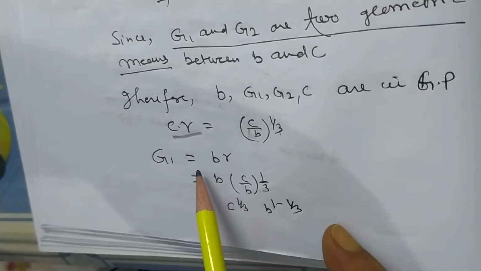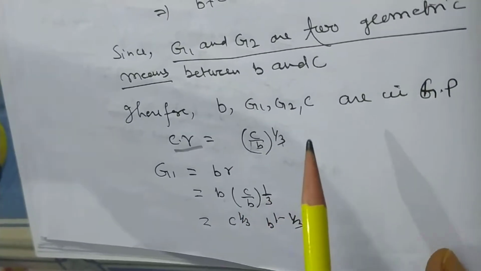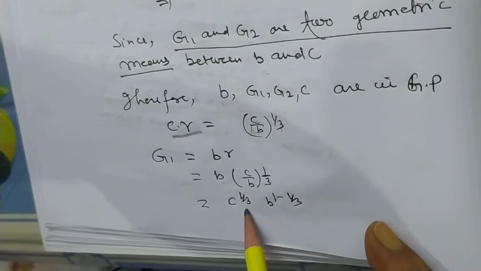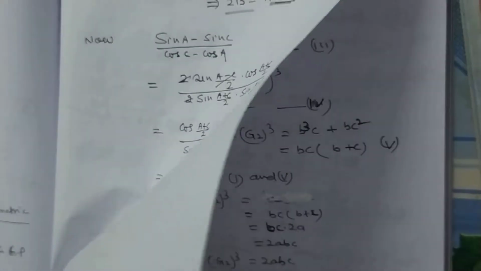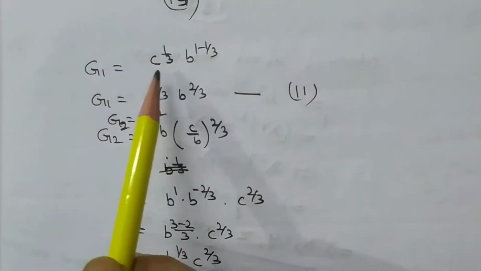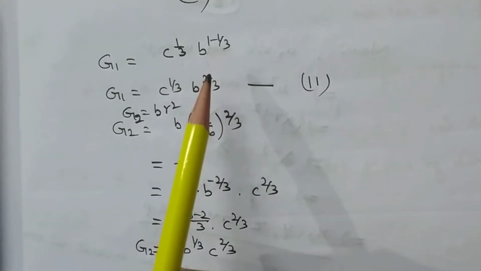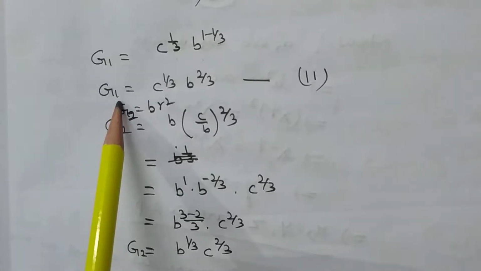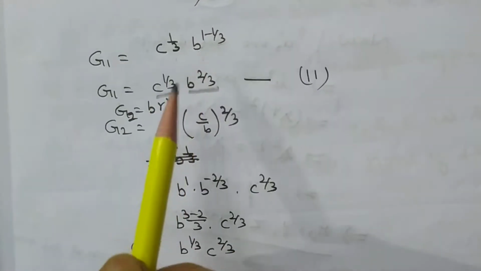Now G1 is equal to Br. That is B times (C by B) whole to the power 1 by 3, that is C to the power 1 by 3 into B to the power 1 minus 1 by 3. So G1 can be written as C to the power 1 by 3, B to the power 2 by 3.